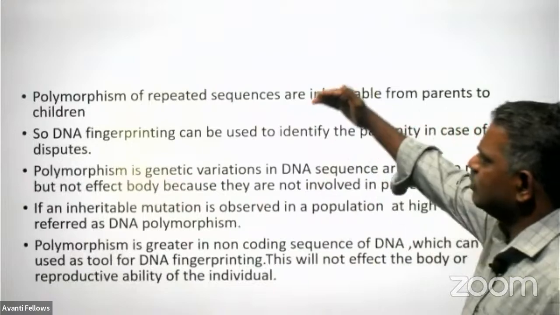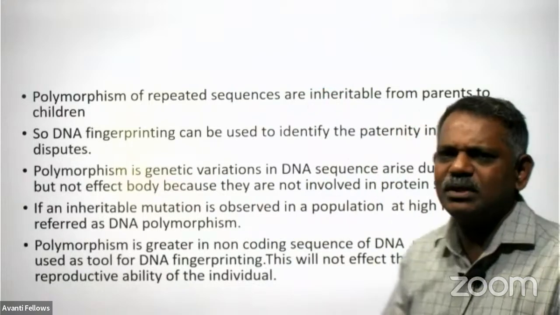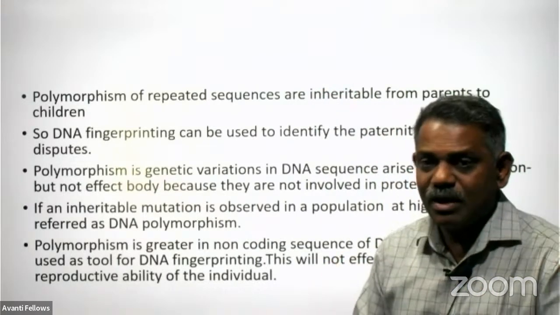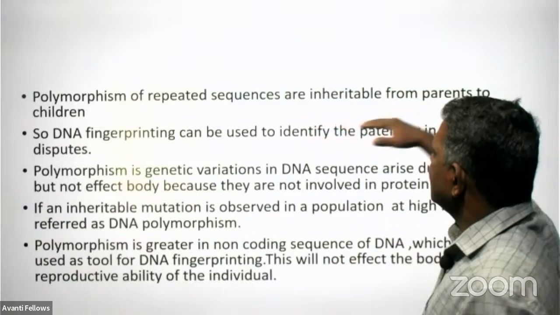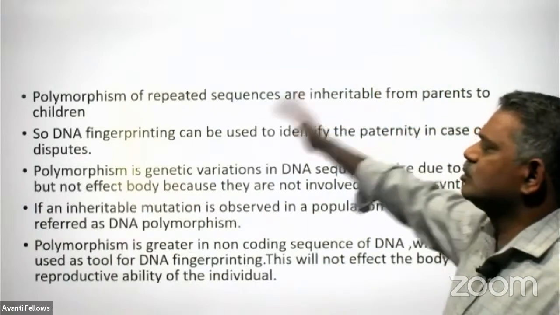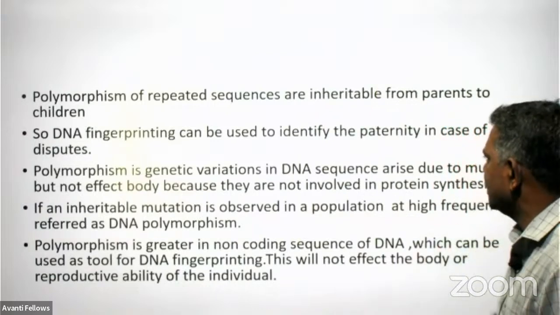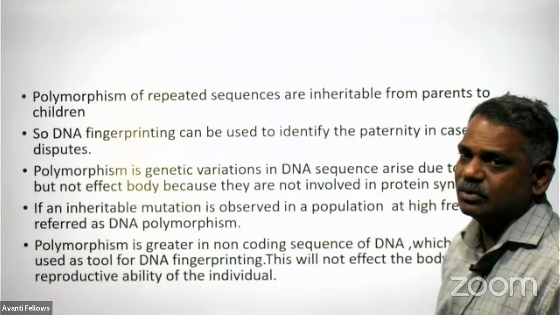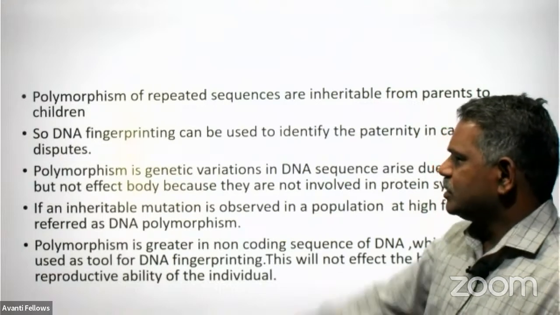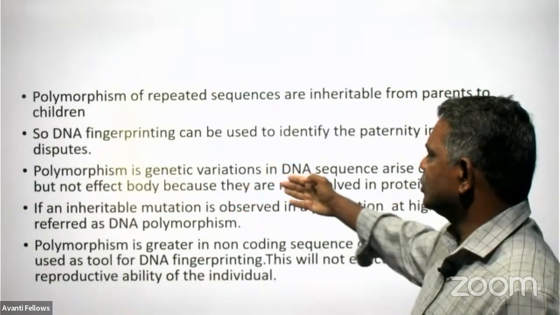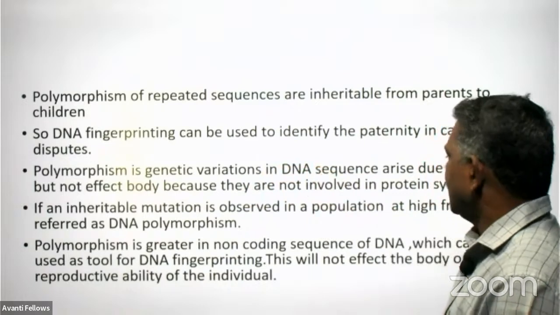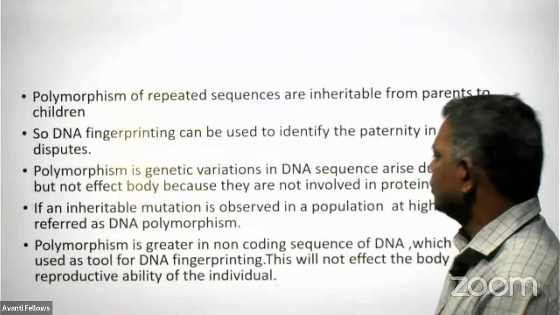Then, polymorphism of repeated sequence. Polymorphism means the differences in the chemical nature of the repeated sequence are inheritable from parents to children. So DNA fingerprinting can be used to identify paternity in case of disputes. Polymorphism is a genetic variation in DNA sequence and arises due to mutation only.